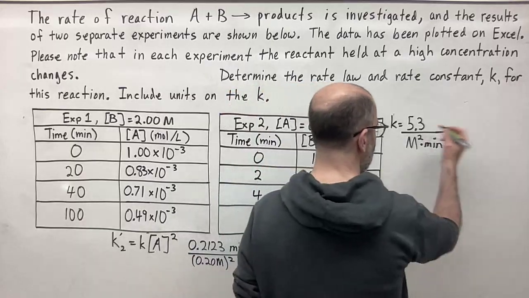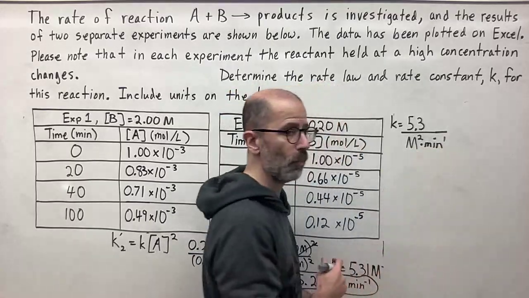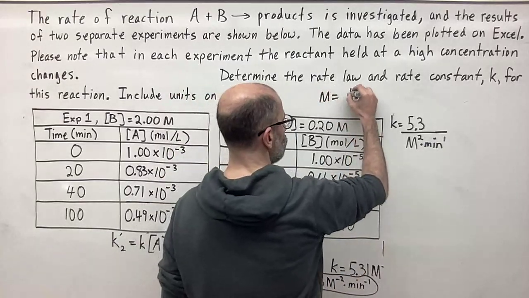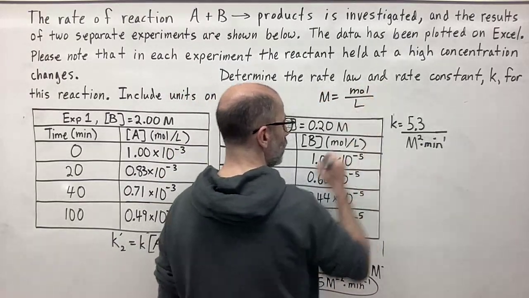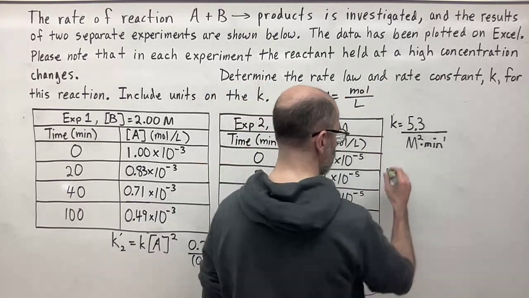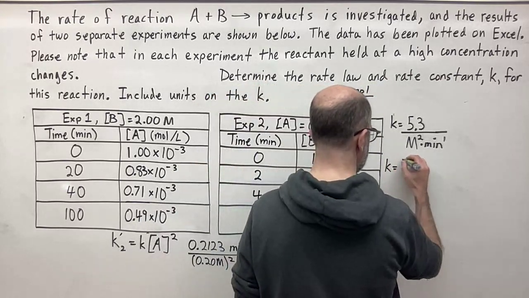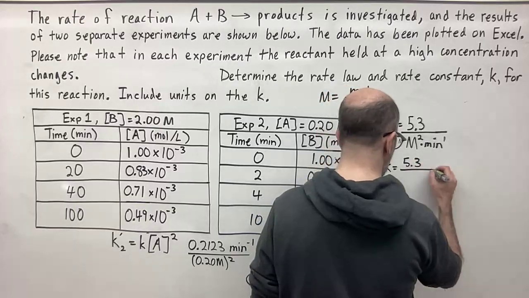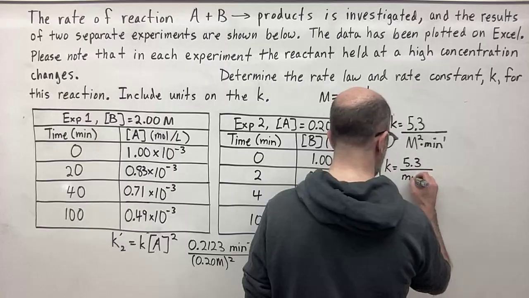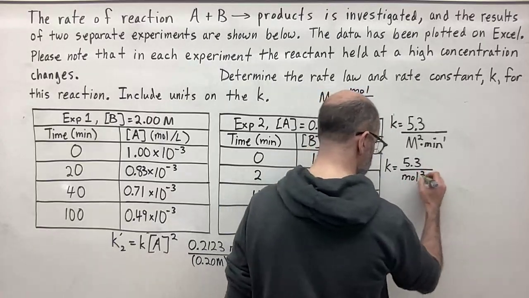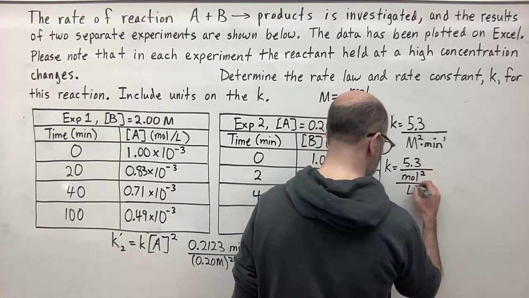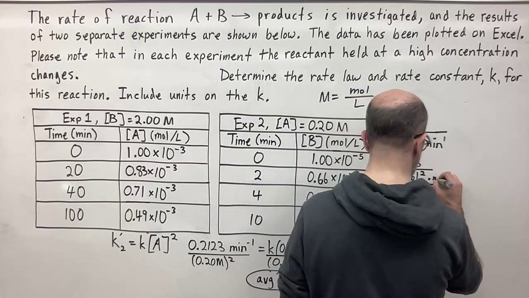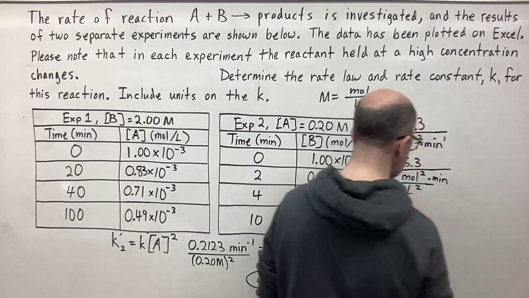And then you could adjust this, because we know molarity is equal to moles over liter, so you could put that down there. So then your K value is equal to 5.3 over moles to the second power over liters to the second power, again multiplied by minutes.